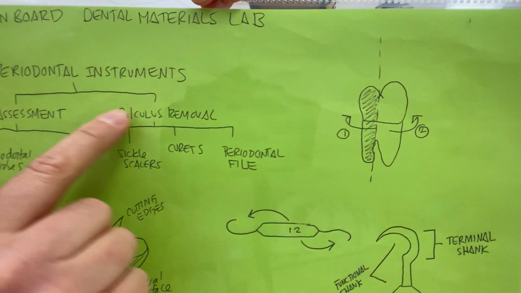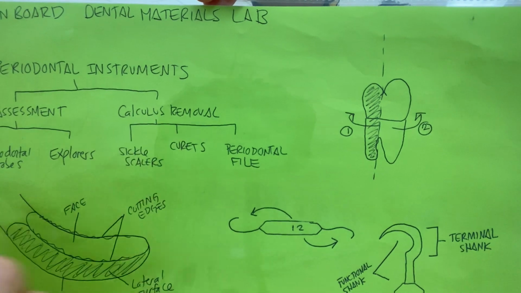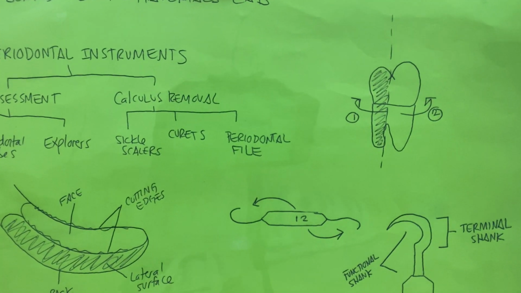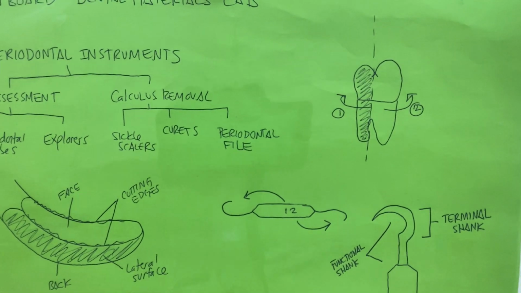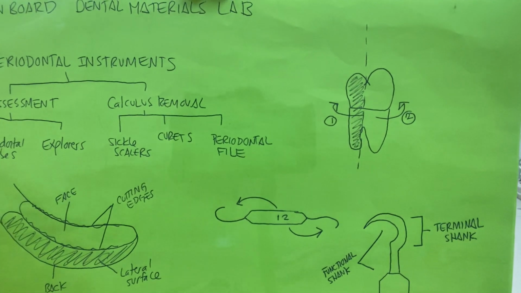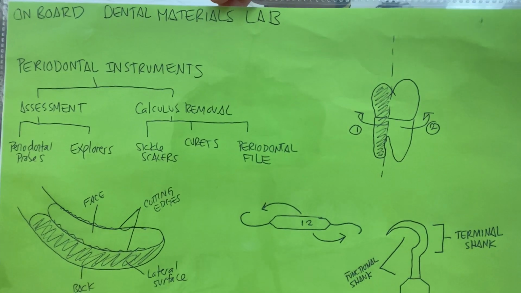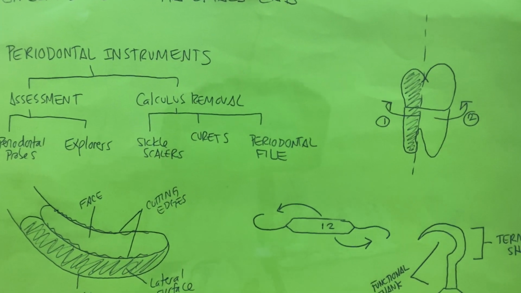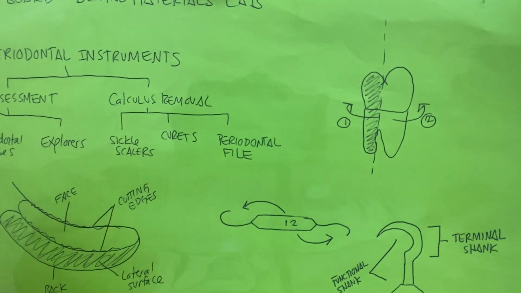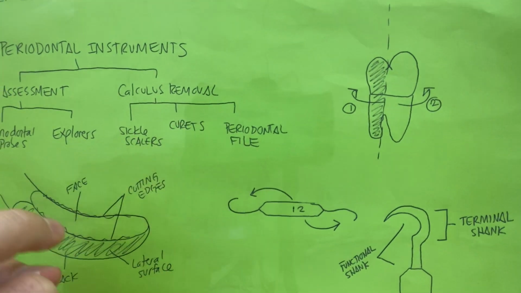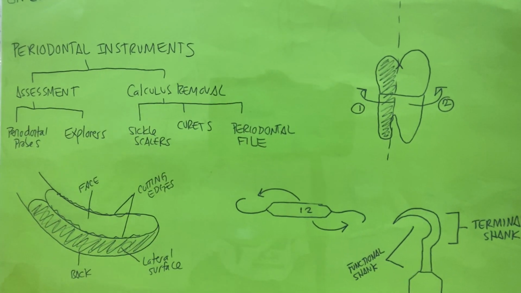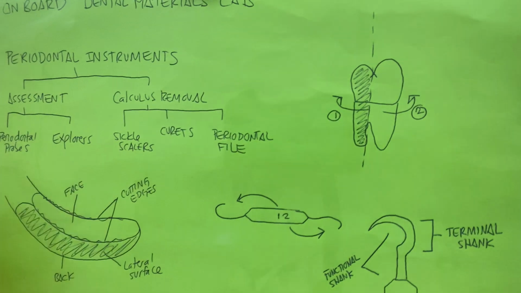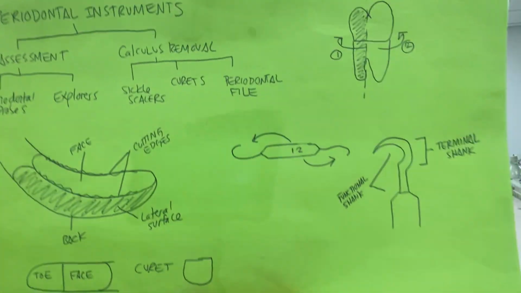But then our other type of periodontal instrument are calculus removal instruments or treatment instruments, where we are doing treatment. We have found the things with the assessment instruments, and now we are doing something about it with the treatment instruments. So you've got sickle scalers, curettes, and then a periodontal file. So that's the difference between those two sets of instruments.